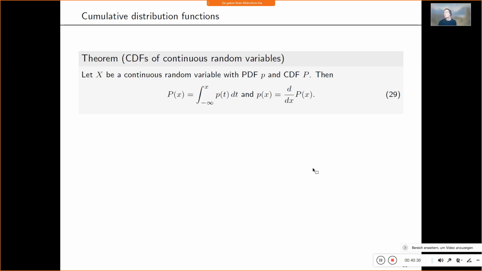Now the story is maybe a little bit less complex, or feels a little bit more natural, I think, at least to me, if you're talking about continuous random variables. So if you have a continuous random variable with PDF small p and associated CDF big P, then it turns out that the value of the CDF P of x corresponds to the integral of the PDF small p from -infinity up to x.